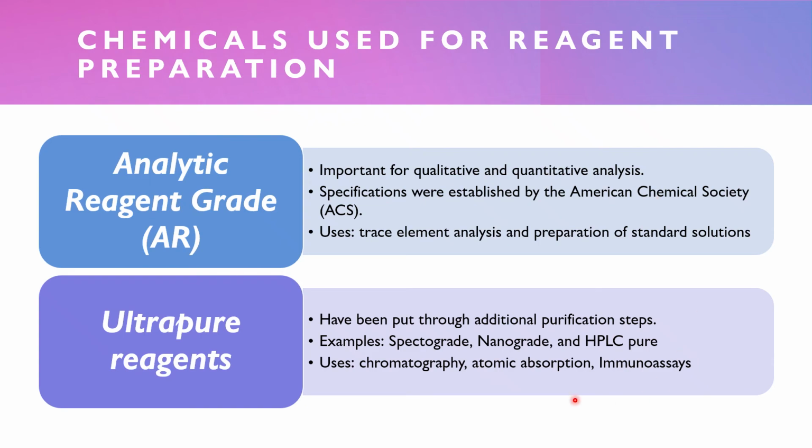The term for laboratory use, or ACS standard grade reference materials, must be printed on the chemicals for reagent preparation. All those types of labels indicate that they are suitable for use in most analytic laboratory procedures.